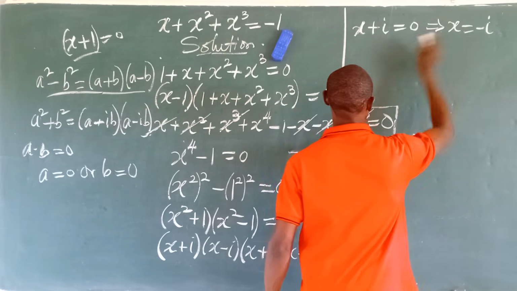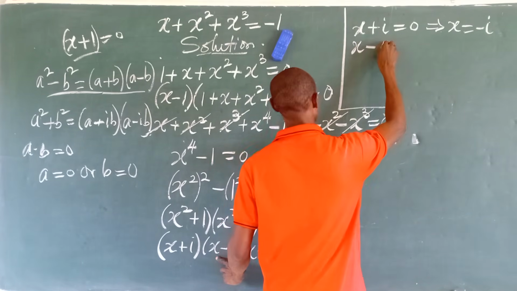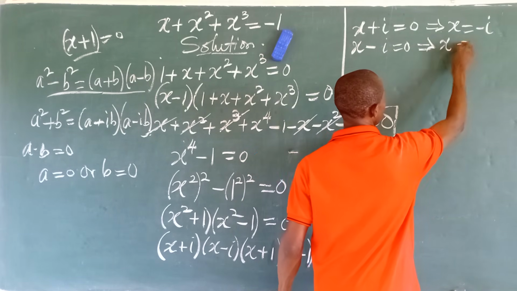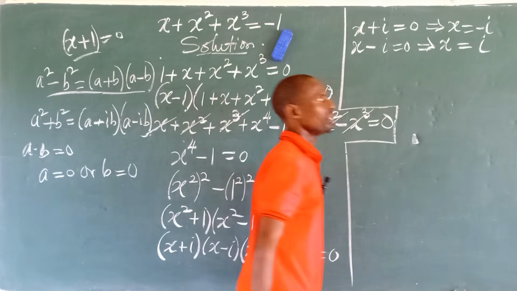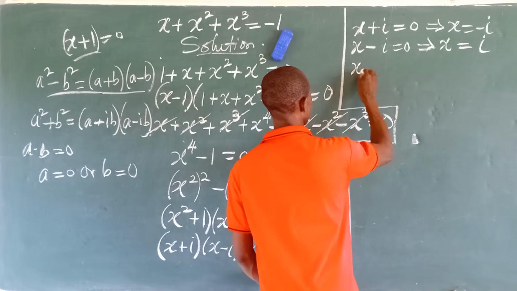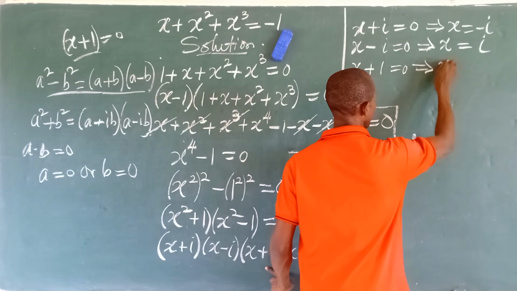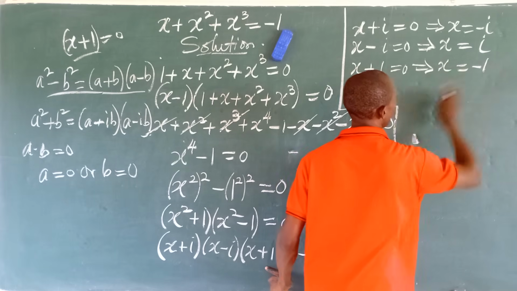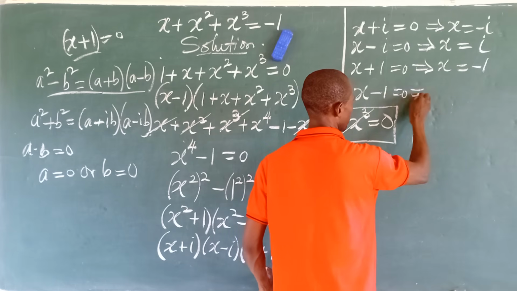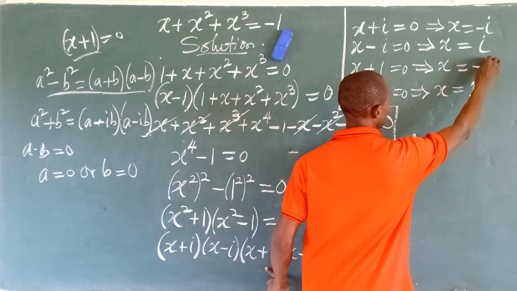Then we call this our x1. Then the second one, x minus iota equal to 0, implies that x is equal to positive iota. Then the next one, x plus 1 equal to 0, means that x equal to minus 1. And x minus 1 equal to 0 implies x equal to positive 1.